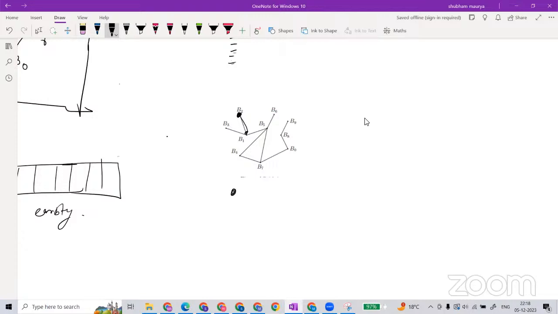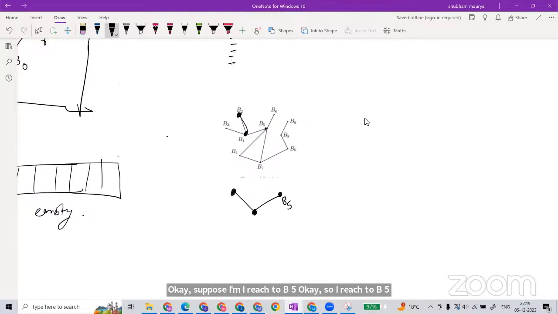From B1, I can go to any one of them: either B3 or B5. Suppose I reach B5. Then from B5 I can go to B6, any one of them. So I just went to B6.